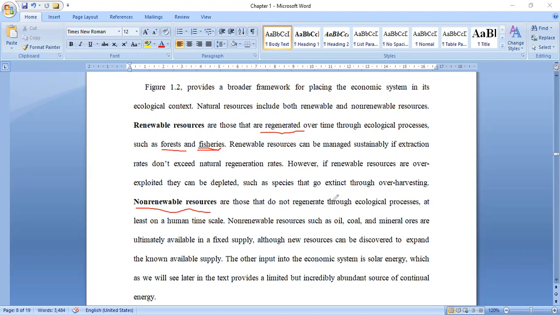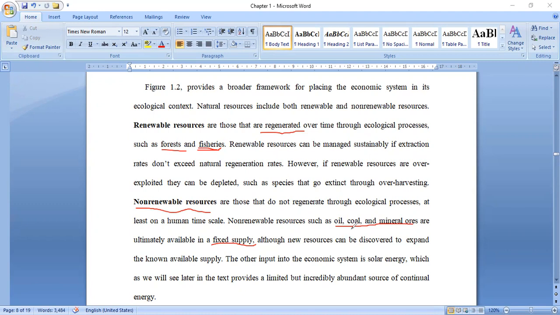Non-renewable resources cannot be regenerated through ecological processes. They have a fixed supply. And what are those non-renewable resources? For example, we have coal, oil, gas, and mineral ores. Those are non-renewable resources because they cannot be replenished or regenerated, and they have a fixed supply. For example, oil, if it is over-drilled, it will reach levels where it will get depleted.